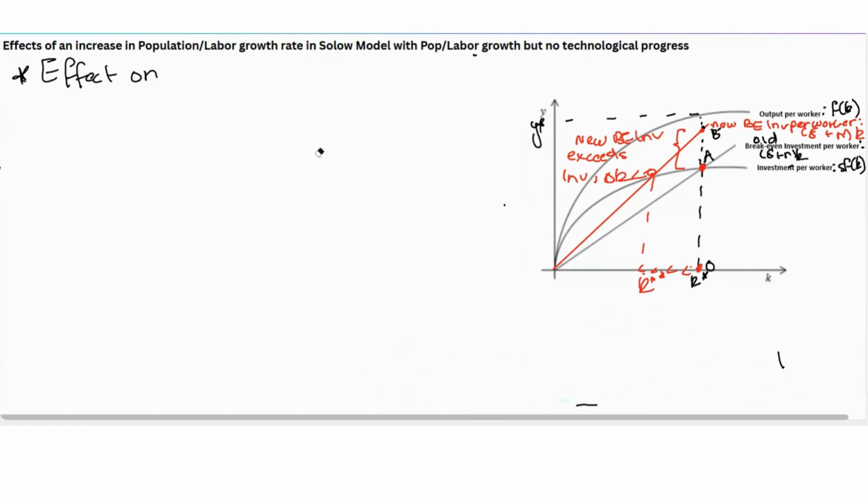Now let's look at the effect on output per worker. Since y is a positive function of k, which basically means that output moves with capital.